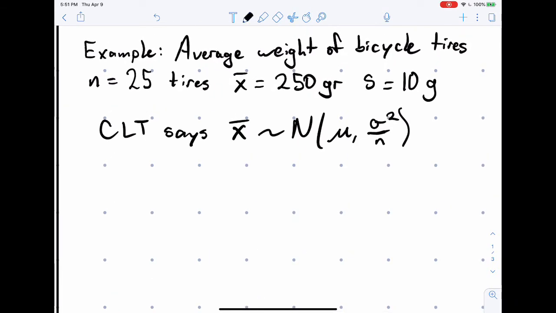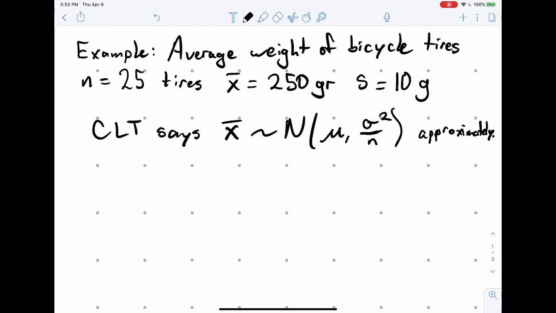The central limit theorem says that X bar is distributed as normal with mean mu and variance sigma squared divided by n, approximately. So we can use this to build a confidence interval. In this case, our sigma squared over n is going to be approximately S squared over n. So we're plugging in S for sigma, our sample standard deviation, which is what we do in practice.